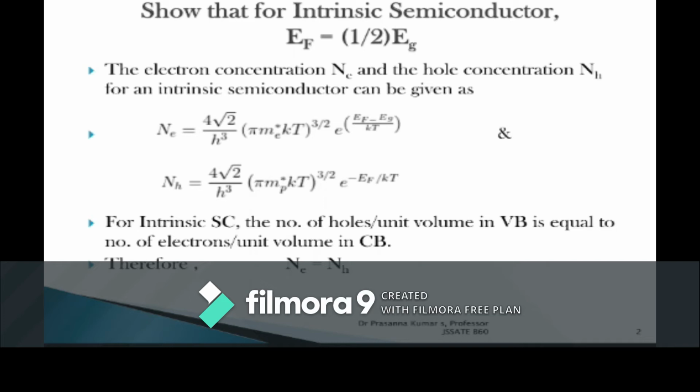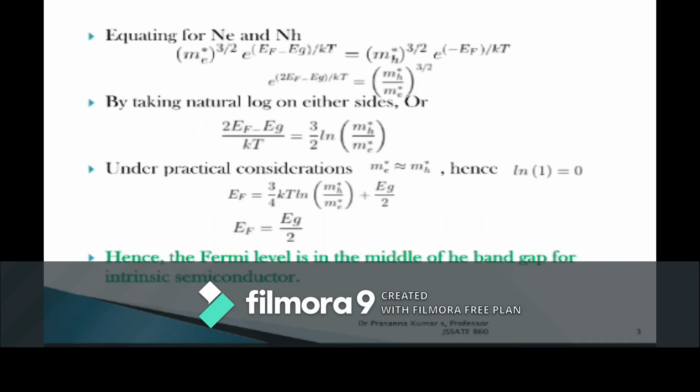NH is the number of holes per unit volume, and Ne is the number of electrons per unit volume in the conduction band. So they are equal now. Therefore, Ne is equal to NH in this expression.